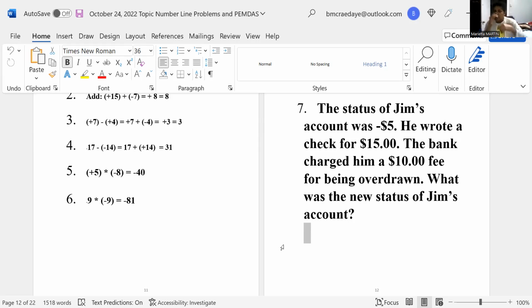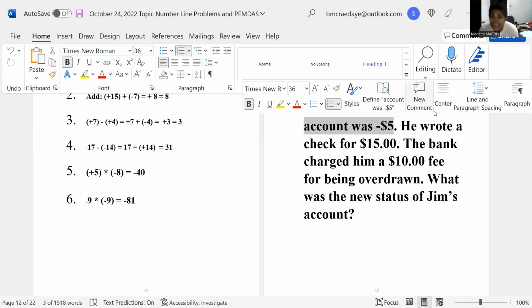The account was negative $5, and he wrote a check for $15, and the bank charged him a fee of $10. So what's the new status?